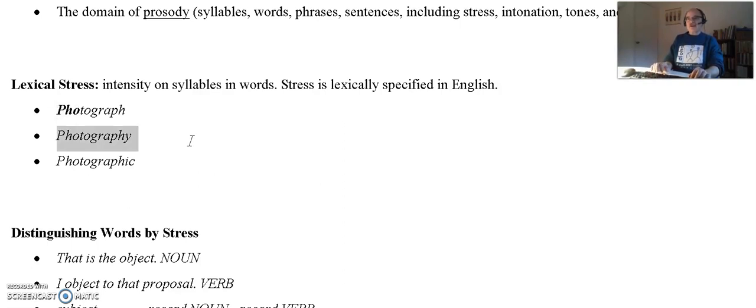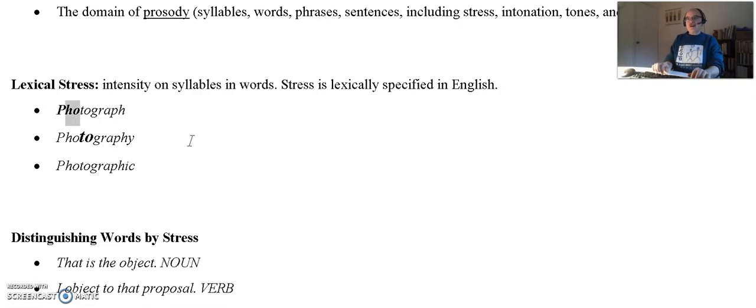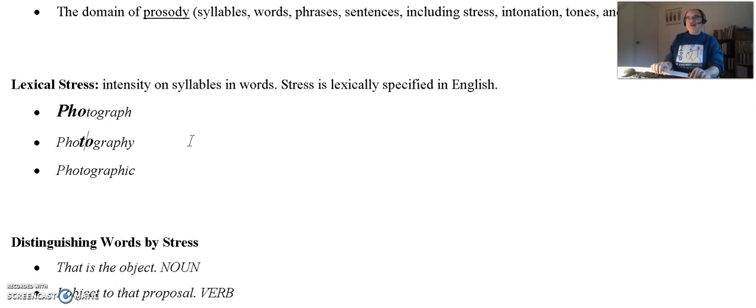But now in this word which has photograph in it, photography is stressed in the second syllable, not in the first one. It's not photography. You can try to say that, and someone will say, well, that doesn't sound right, and that's because we know this needs to be stressed, okay?